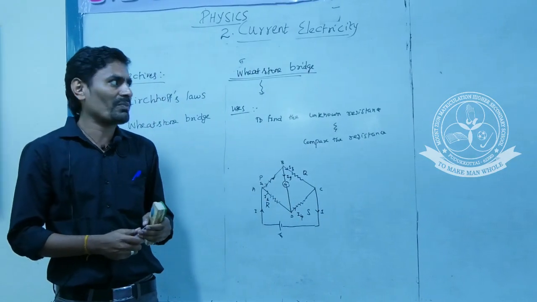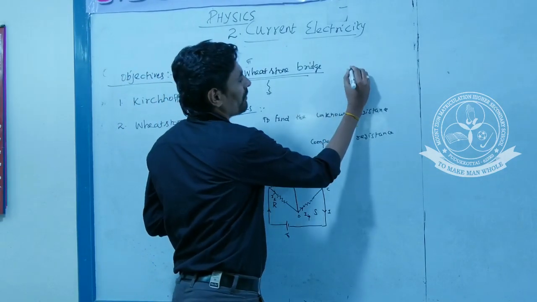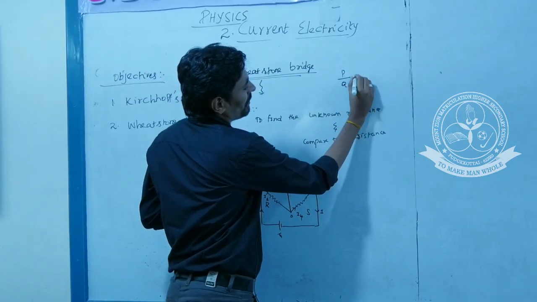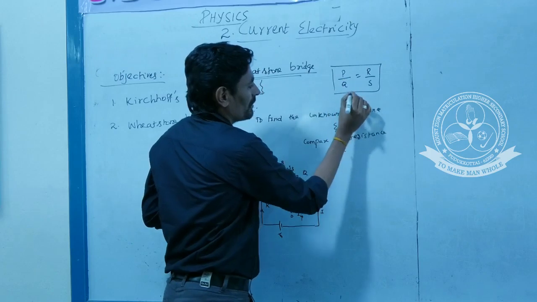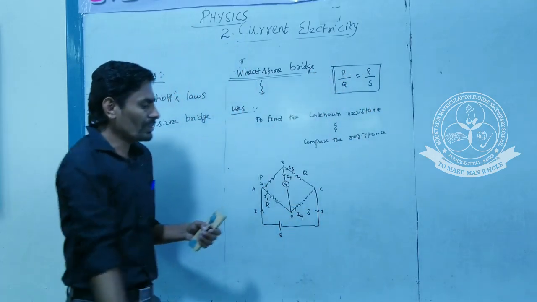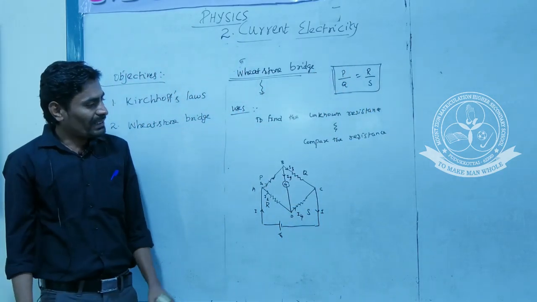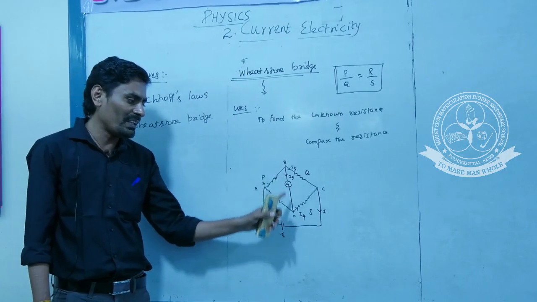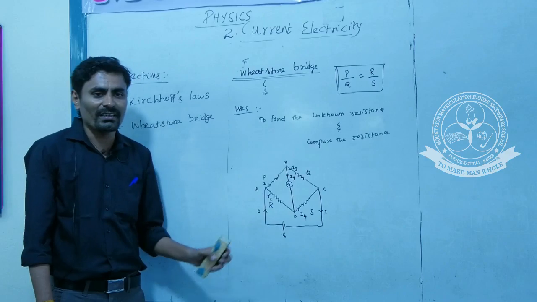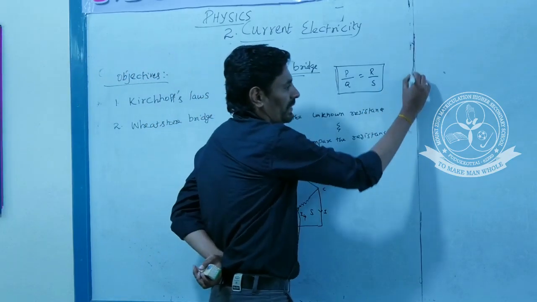What is the formula of the bridge balance condition? We derive the formula P by Q equal to R by S. First we go to the junctions B and D, then we go to the loops ABD and BCD. First we go to the junction B.